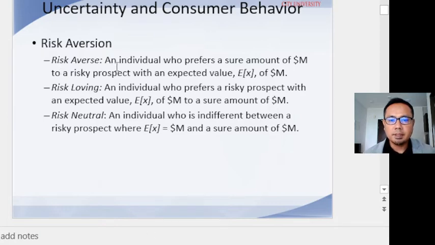A risk averse individual will prefer a sure amount of money to a risky prospect with an expected value of money. Risk loving refers to the behavior of an individual who prefers a risky prospect with an expected value of money to a sure amount of money.